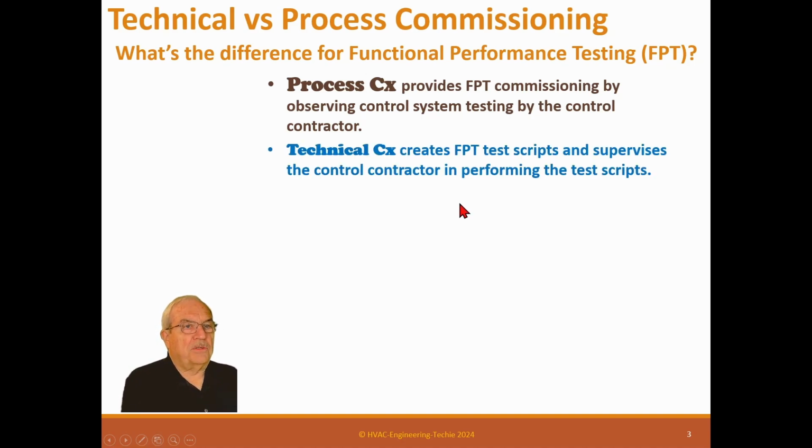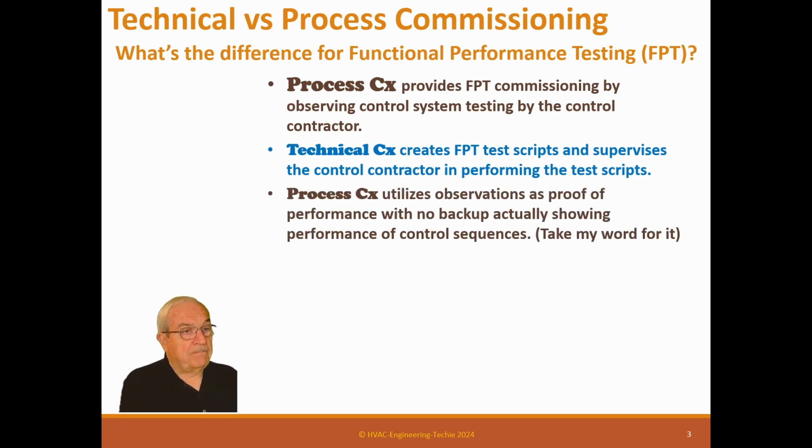So technical commissioning creates functional test scripts and supervises the control contractor in performing these test scripts. Now, that's really important. Process CX utilizes observation as proof of performance with no backup actually showing performance of the control sequence. It's actually take my word. And that's okay, I guess, but it can end up not actually observing the true performance.